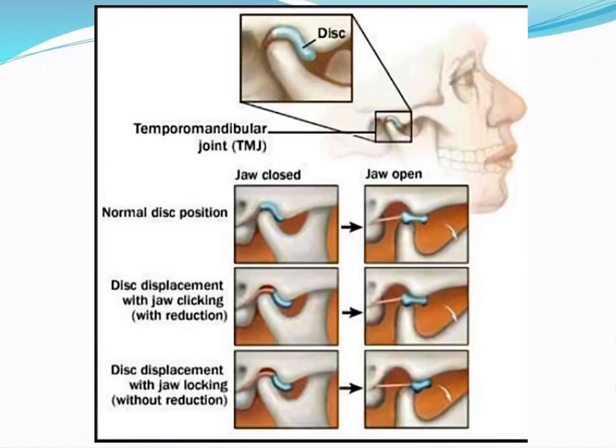As we see here in this picture, the normal position of the disc in the first picture with the closed jaw and when opening the jaw. Disc displacement with jaw clicking, sorry, with reduction in the second picture. And the last one is the disc displacement with jaw locking without reduction.